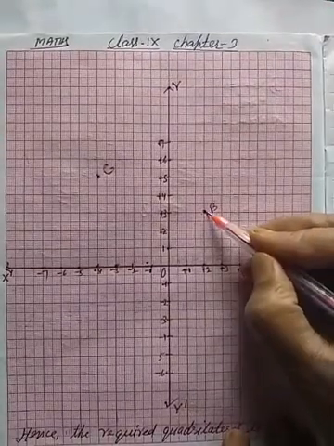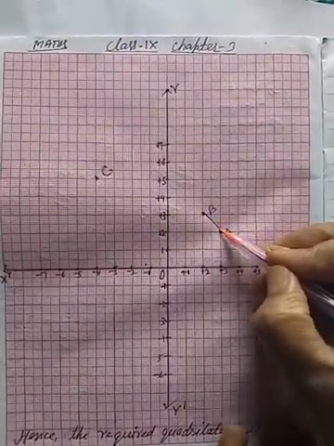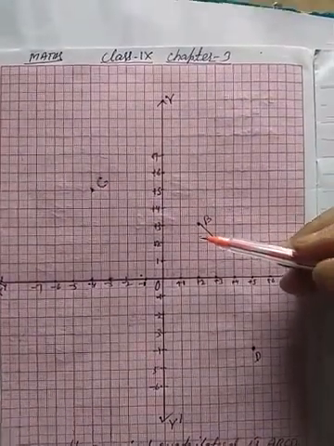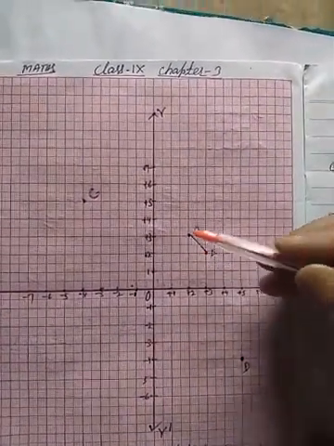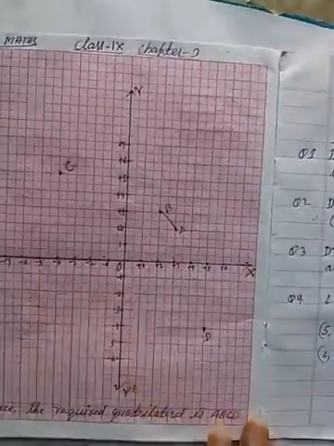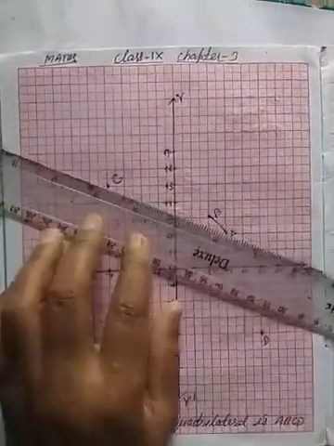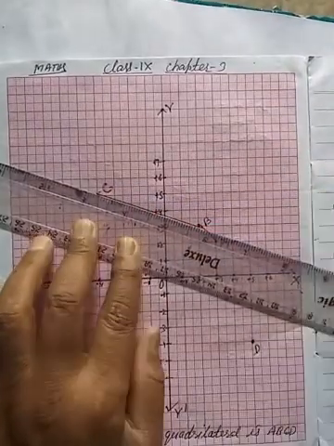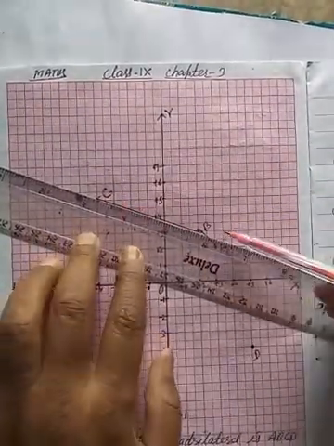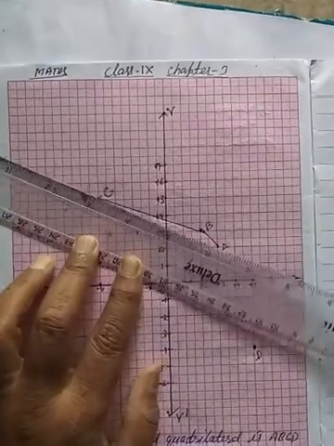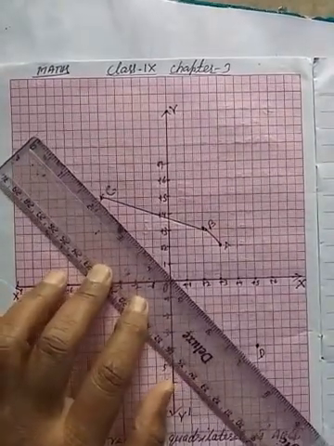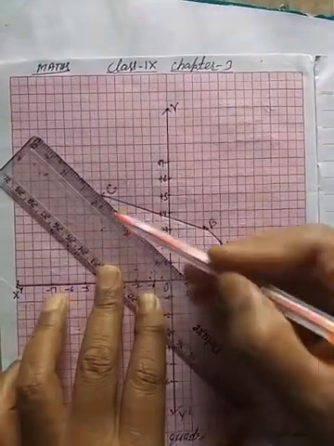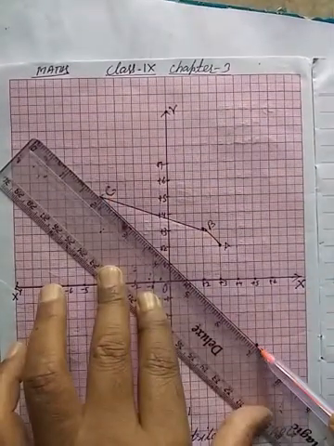Now after this we have to join the points. So we join them like this, point here to here and here to here with the help of a scale. So now I am joining with the help of a scale, and you will join like this, students, and then this is point B to C, and after this you have to join the point C to D. So in this way we have to join this point here to here.